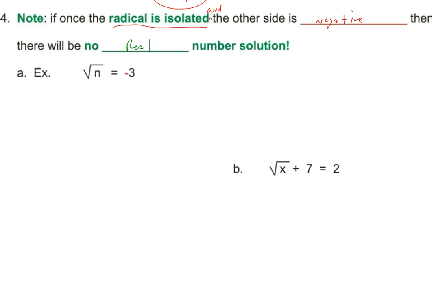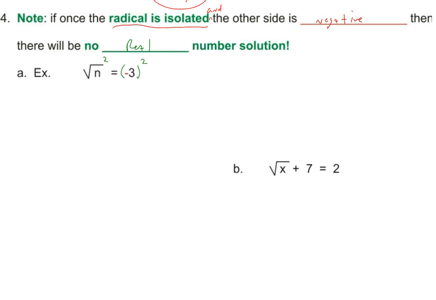Example 1. We see it's a radical equation. Our brain says, isolate the radical. We look at it and say, oh, it's already isolated. Cool. So then we say, let's go ahead and square both sides.